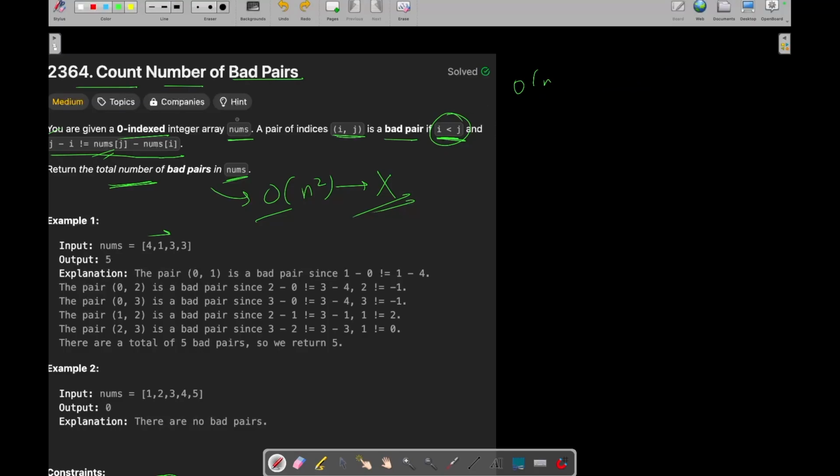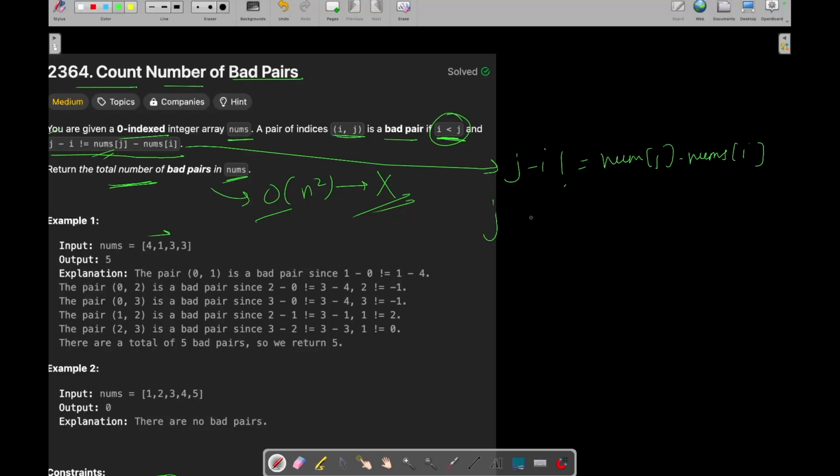Okay, so let's first look at this condition. Can we express this condition in terms of a single variable? You have been given j minus i is not equal to nums of j minus nums of i, right?